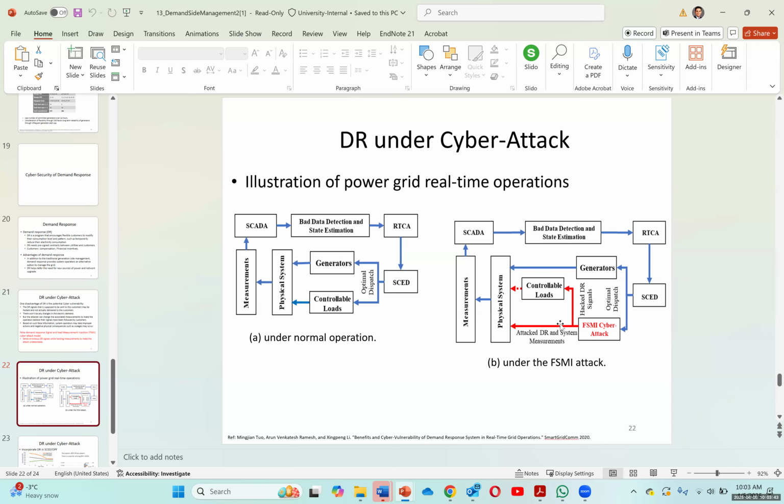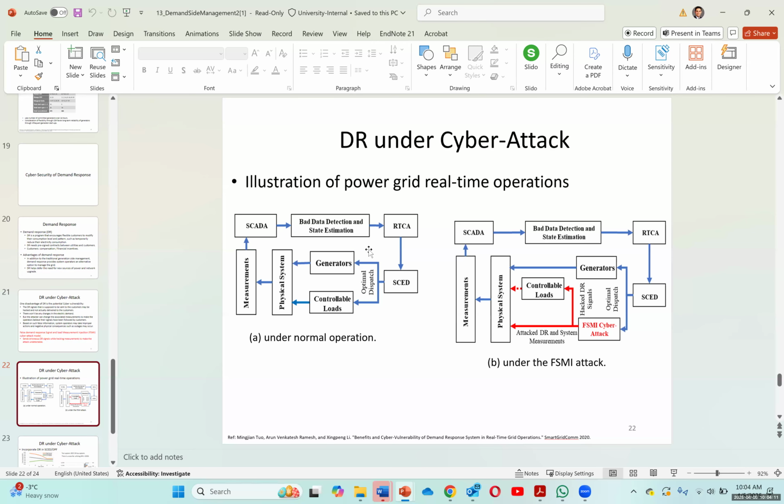But when we have the system under cyber attack, we would have the FSMI cyber attack, which would attack the DR and system measurement. The previous cyber attack we saw was on the generators and on the relays and transformers and the measurements. Here, the attack would be on the loads, measurements of the loads. And I'll explain in the next slides how it's done.